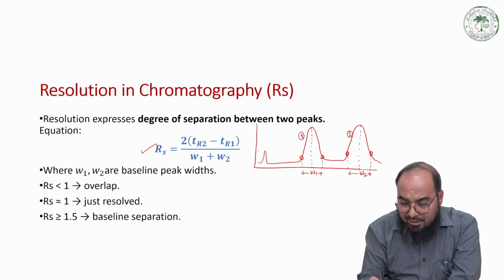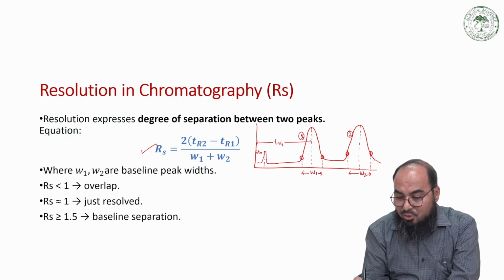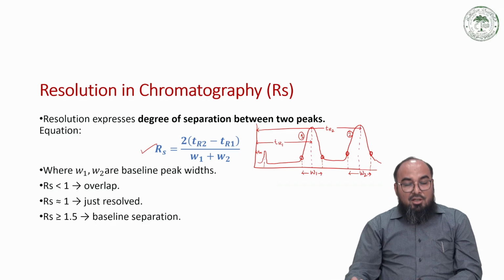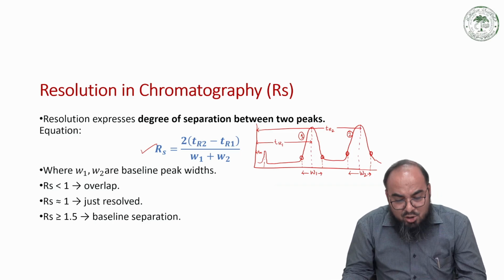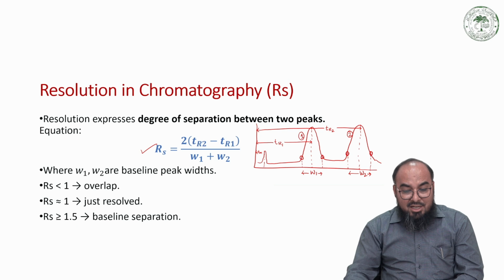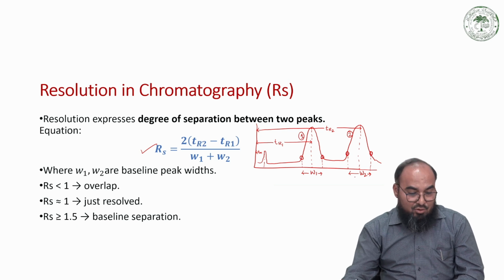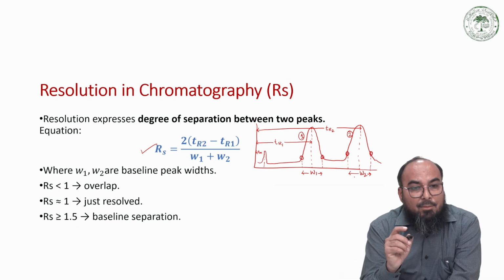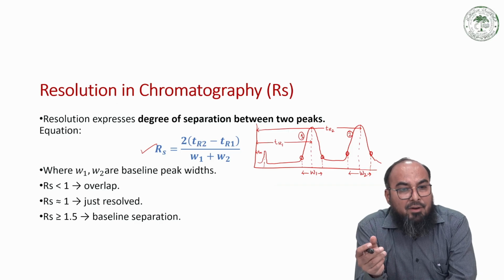This is TM and this is TR1 up to this point, and this is TR2. So your resolution is defined as twice of TR2 minus TR1 upon W1 plus W2. W1 and W2 are the baseline peak widths.